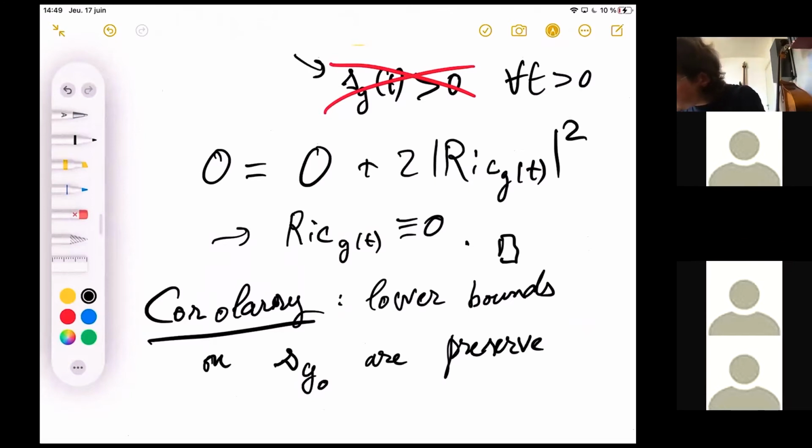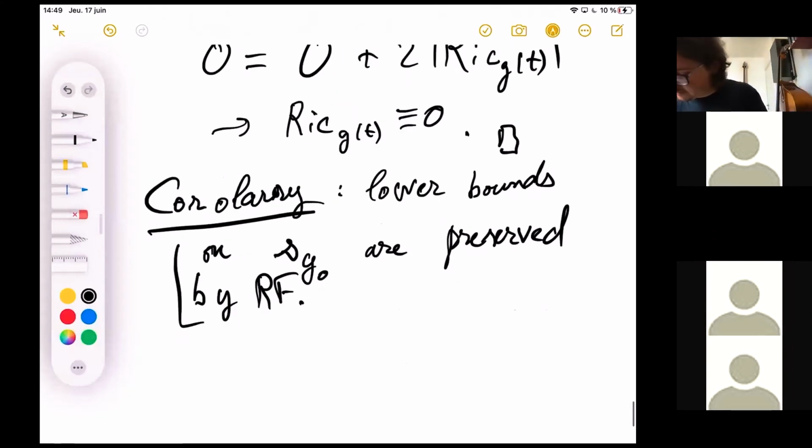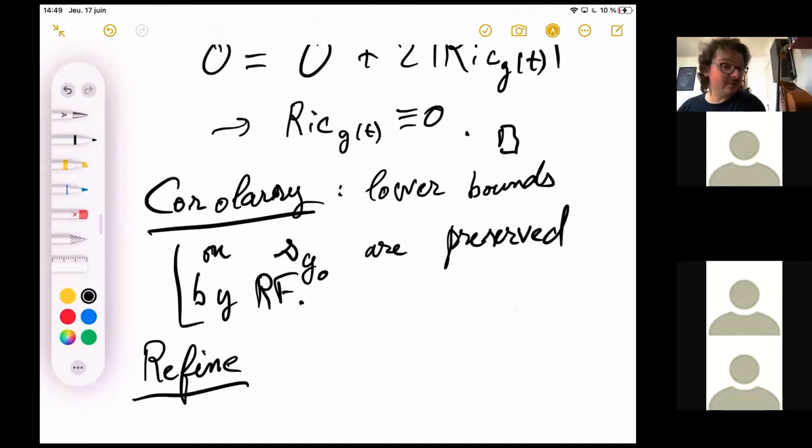So if you start with a manifold which has, let's say, a scalar curvature bigger than some constant, then it will stay true as long as the solution exists. But we can actually do better. Let's refine a little bit. Here we have compared to the heat equation, and this gave us comparison to constants, more or less. But we can actually extract more information.